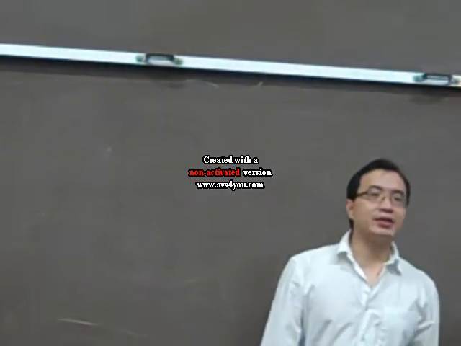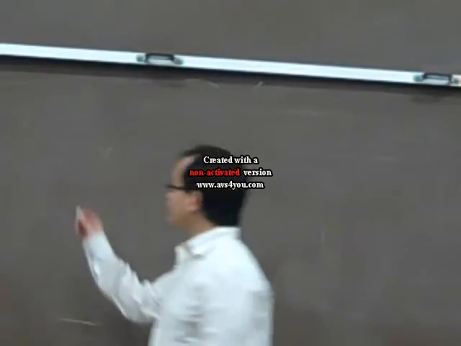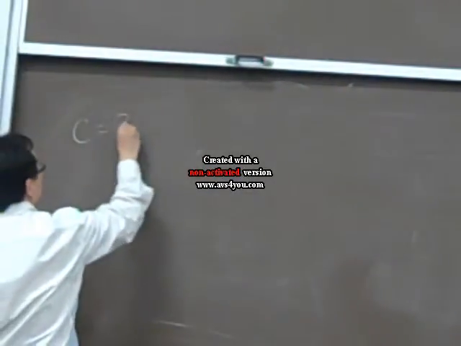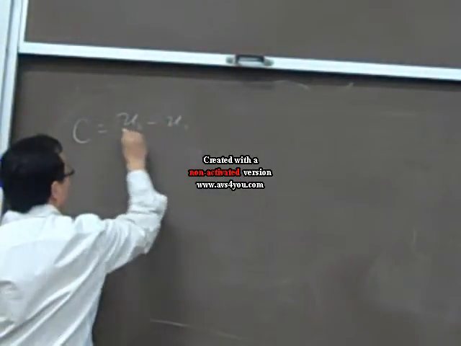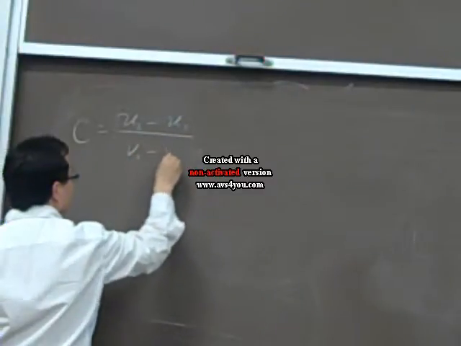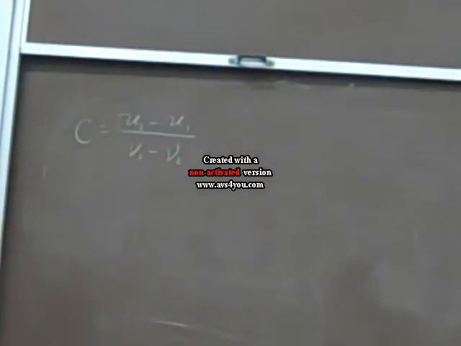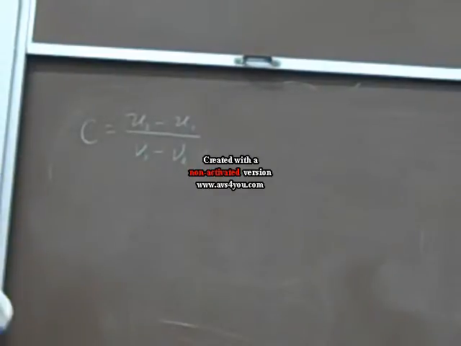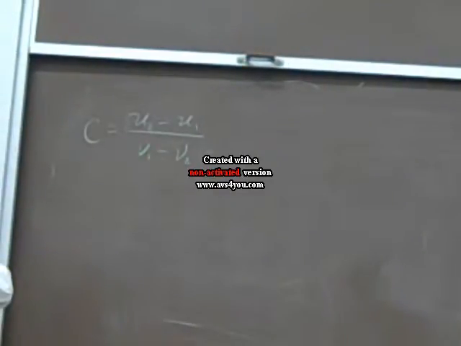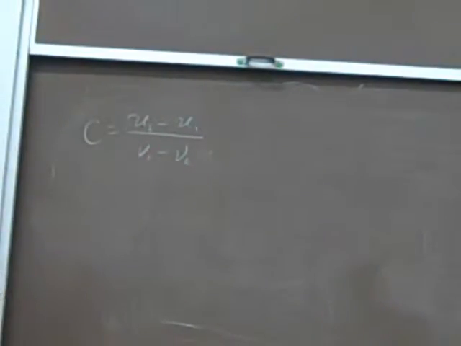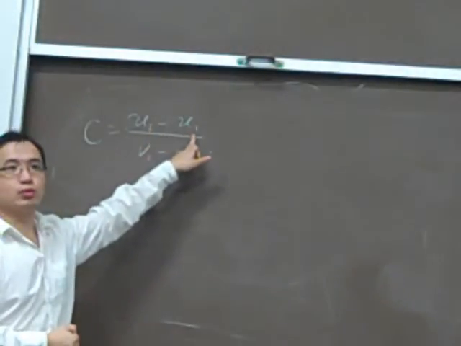Before that, let's first look at the completely inelastic collision. Can you see immediately that by definition it has to be 0, because C equals U2 minus U1 divided by V1 minus V2. For a completely inelastic collision, they stick together, right? They have the same velocity after collision, so U2 equals U1.